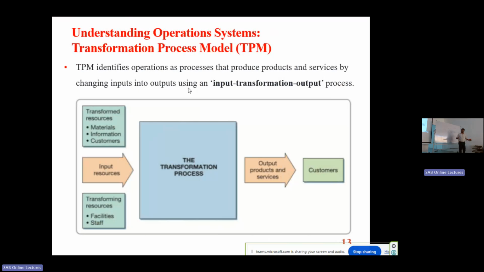The second component, which is the main component of an operation system, is the transformation process, also known as conversion. We will discuss different types of transformations. The third component is the operations output. So these are the three components in an operation system according to this model called TPM.